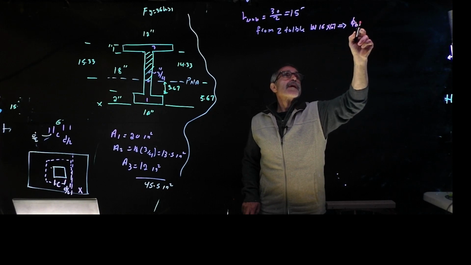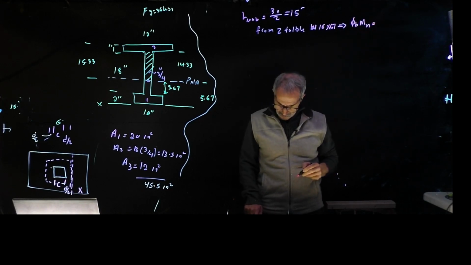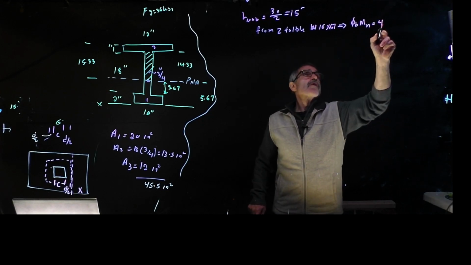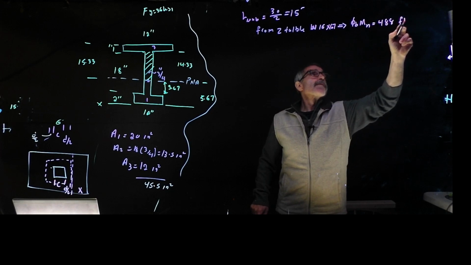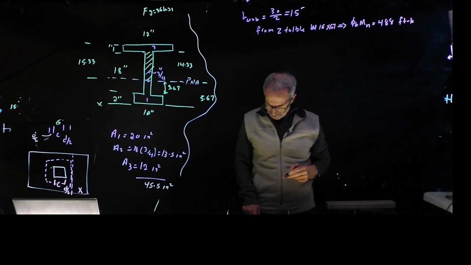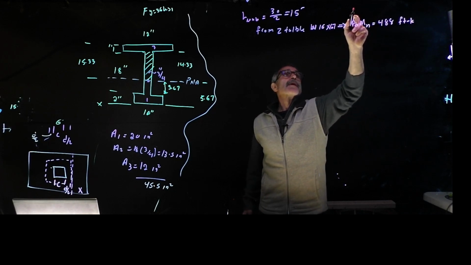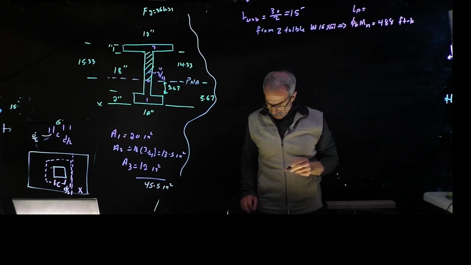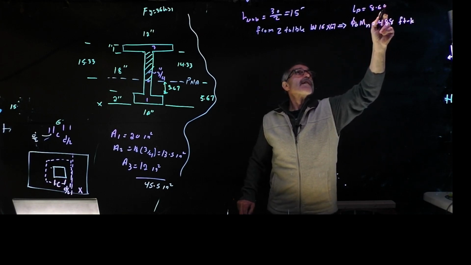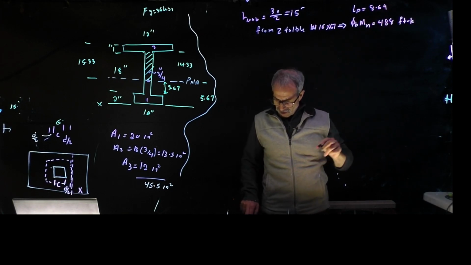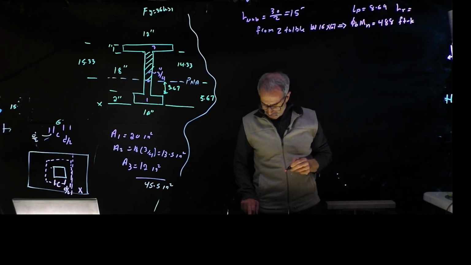phi b times Mp is given as 488 foot-kip. And then the same table gives us Lp equal to 8.69, Lr is given as 26.1.